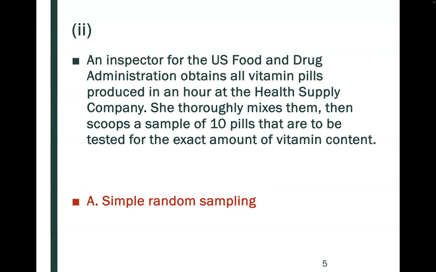And that's kind of what's happening here in the simple random sample where they are obtaining all of the vitamin pills produced in an hour, and then they're thoroughly mixing them, and then they're randomly scooping out 10 pills, and those are what's tested. So that's why that's a simple random sample.